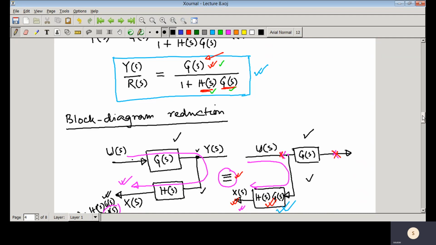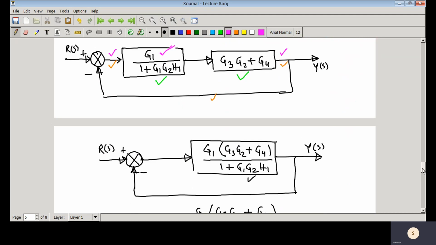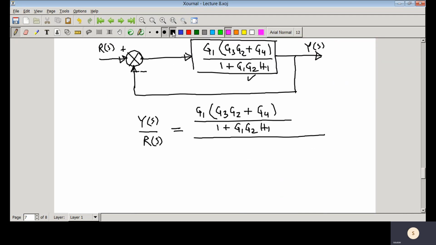So the forward path transfer function is that G(s), then whole divided by 1 plus feedback path transfer function into forward path transfer function. So that is 1 plus feedback path transfer function here, this is 1, so that is 1 into the forward path transfer function, that is G1 G3 G2 plus G4 divided by 1 plus G1 G2 H1.